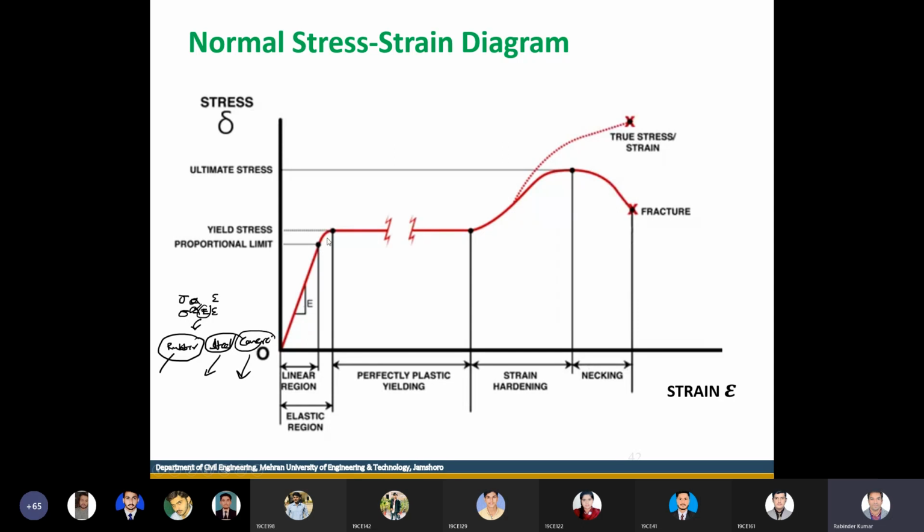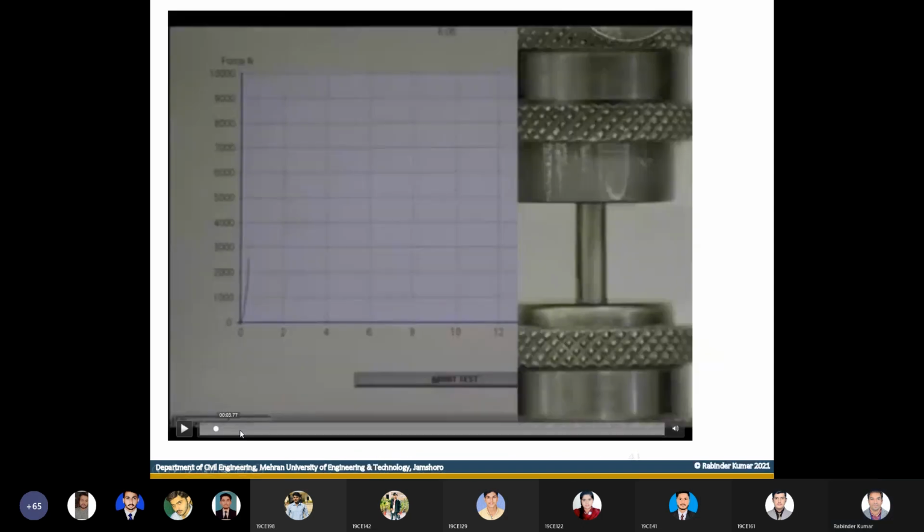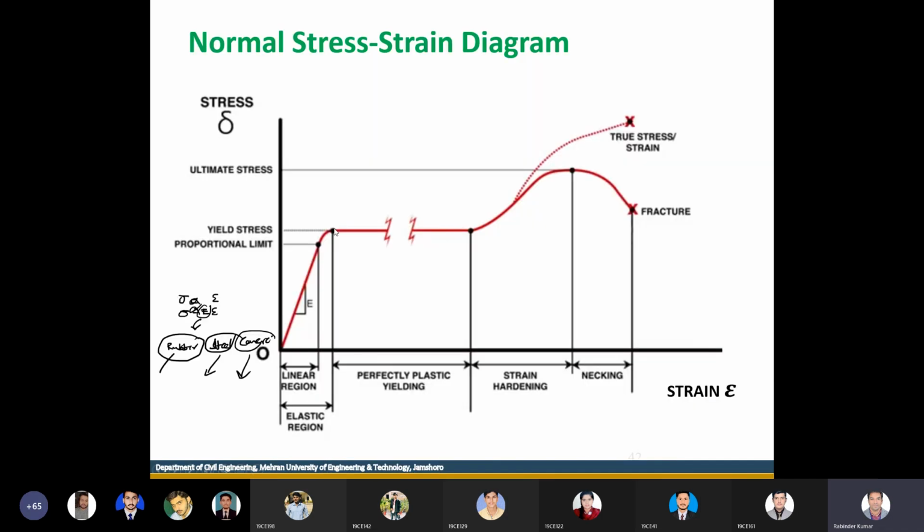After some time, the material starts yielding, as I showed you in this curve. This is known as the yield point, and the corresponding stress is the yield stress. Up to this point, this is the elastic region.